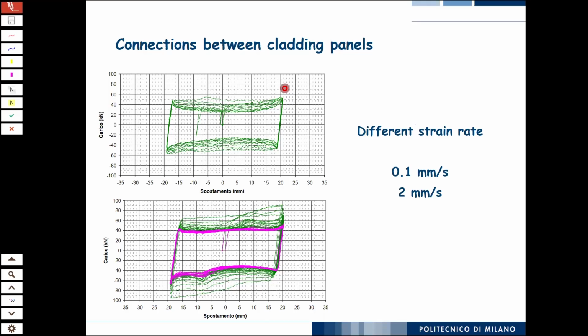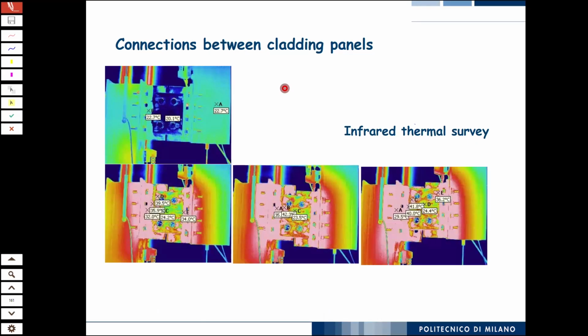You see, this is at 0.1 millimeter per second. This is at 2 millimeter per second. You can clearly see that if you increase the strain rate, the response of your material, the response of your structure, is better. And this is a thermal camera where you see that the energy dissipated into friction basically goes into heat.